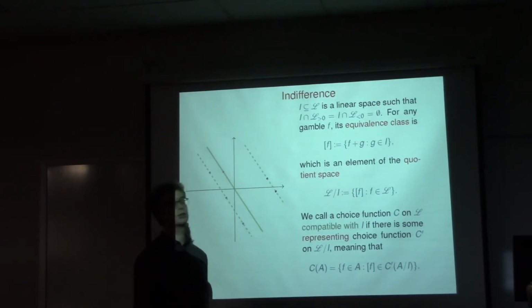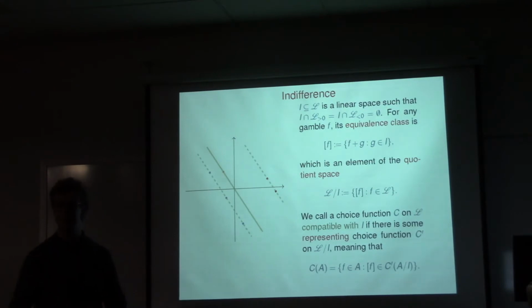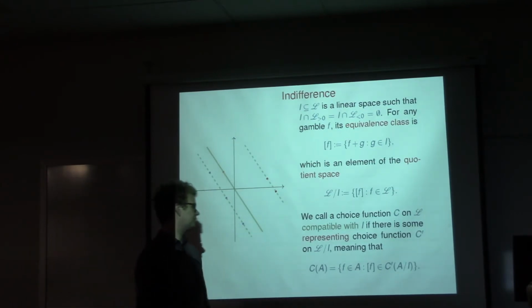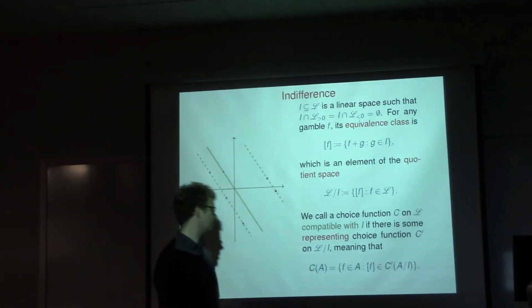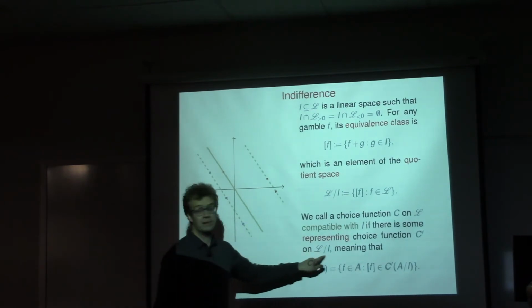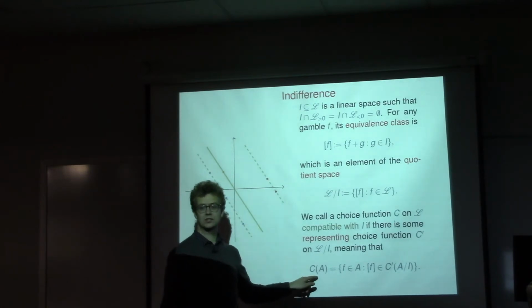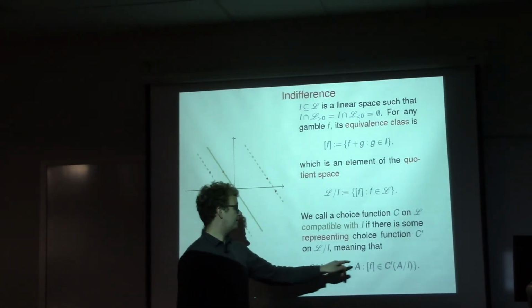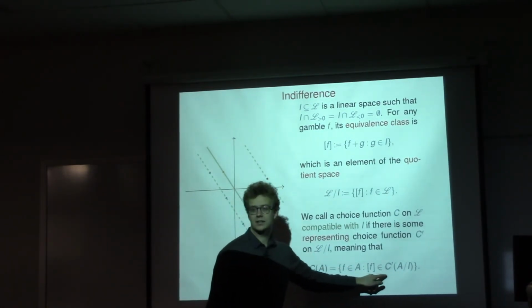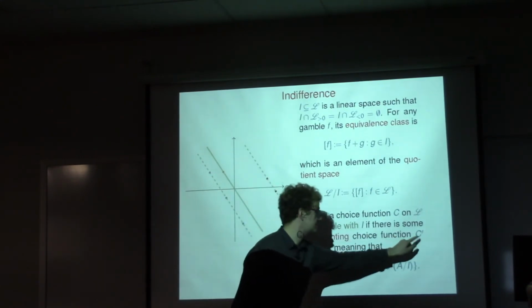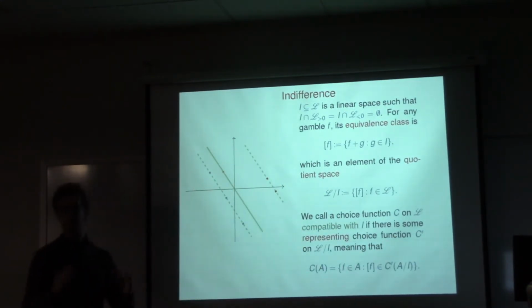So C is compatible with I, or reflects my indifference statements, if there is a representing choice function C prime on this lower dimensional space, such that my admissible options are the options in A whose equivalence class are admissible by this simpler choice function on the lower space.